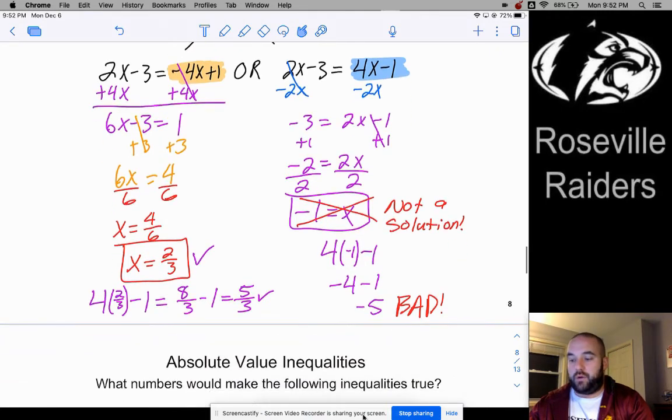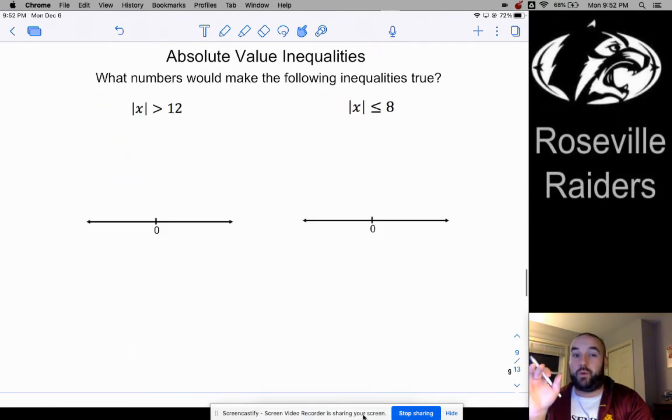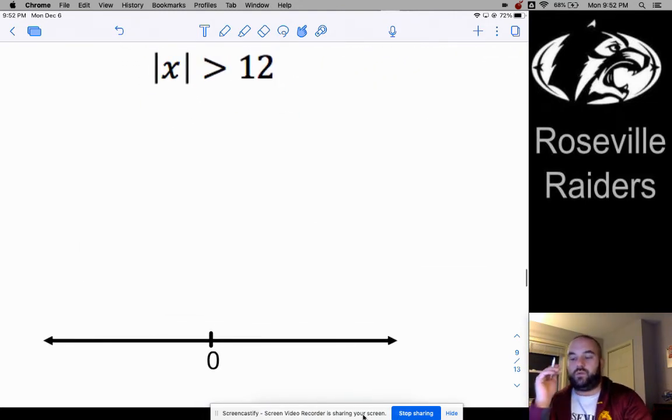How we're going to wrap this up is we're going to real quick apply absolute value to inequalities now. So if I said, what numbers could x be so that the absolute value of x is greater than 12? So the distance from 0 of that number is greater than 12. There's actually two options here.